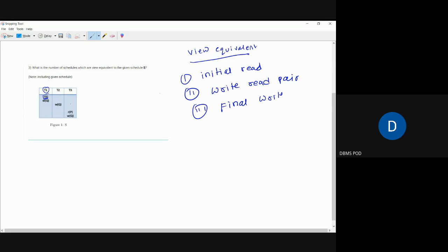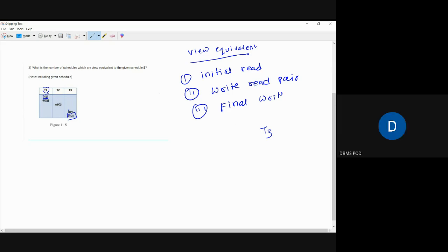And we can see that for the P data item, only the T3 transaction does a read operation, right? And there is no write-read pair, neither for S nor for P. Now we have to see the final write. Q's final write is done only by T3, so T3 will be the last, correct? Yes, sir.